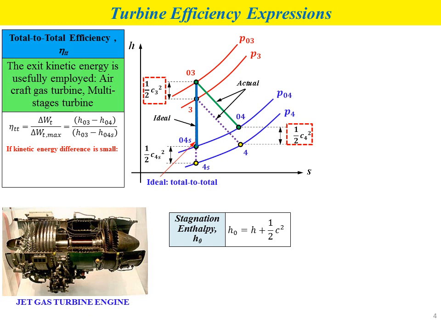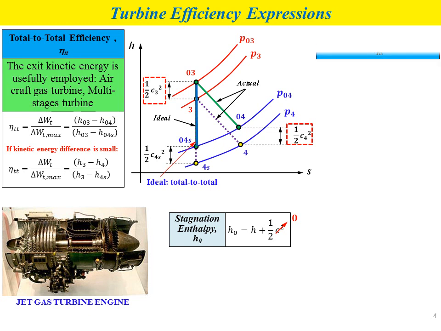If we neglect the kinetic energy, the value of stagnation enthalpy will be equal to the value of static enthalpy. So we can simplify the total to total efficiency equation to mu TT equals H3 minus H4 divided by H3 minus H4S. Instead of using stagnation enthalpy values, we can now use static enthalpy values to determine the total to total efficiency for the turbine.